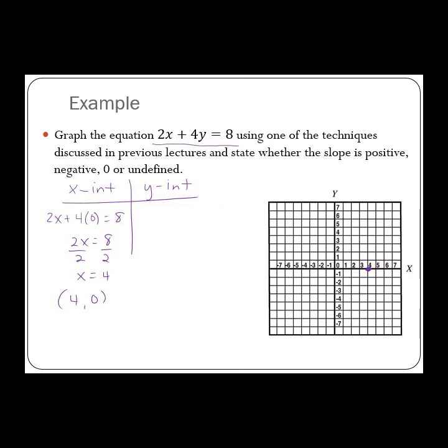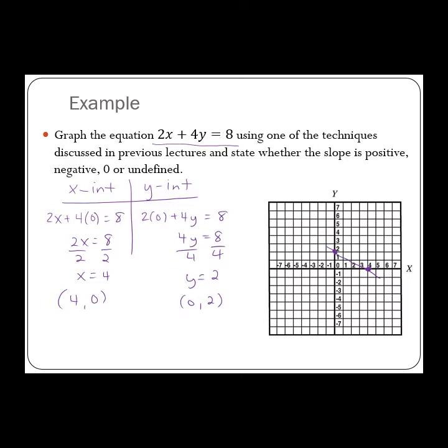And the y-intercept is 2 times 0 plus 4y equals 8. 4y equals 8. Divide by 4, divide by 4. And again, this is a y-intercept, so this is the point (0, 2). And if we go ahead and connect those, that line has a negative slope.